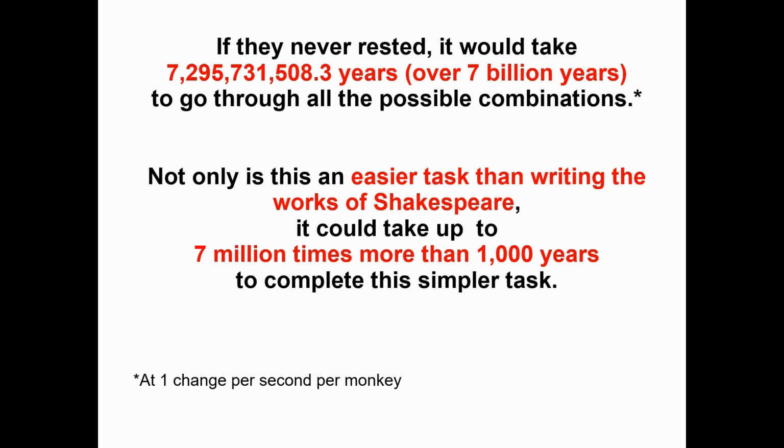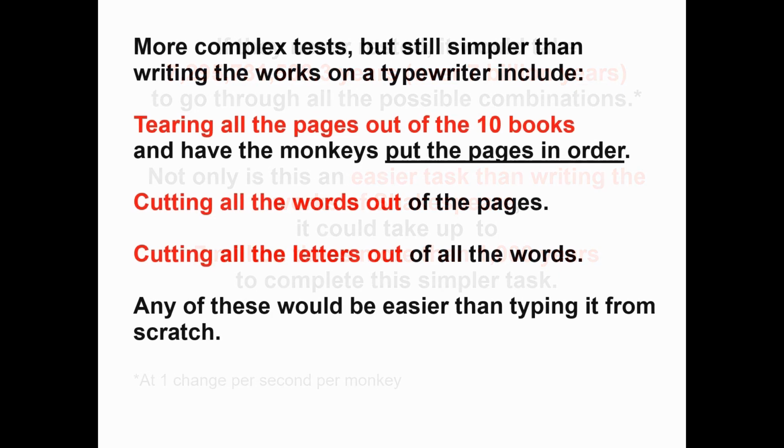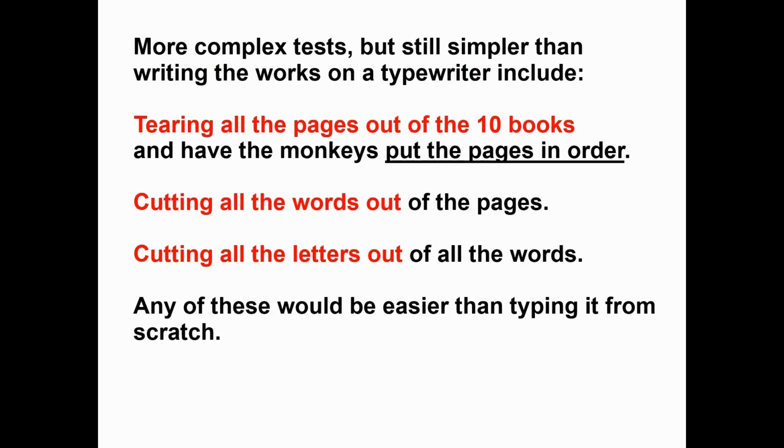More complex tests, but still simpler than writing the works on a typewriter, include tearing all the pages out of the 10 books and having the monkeys put the pages in order. Going farther, you could cut all the words out of the pages and have them put the words in order per page and the pages in order.